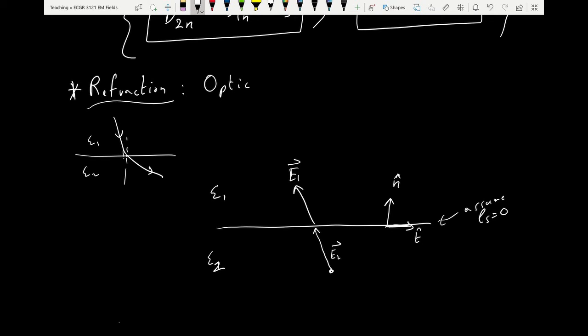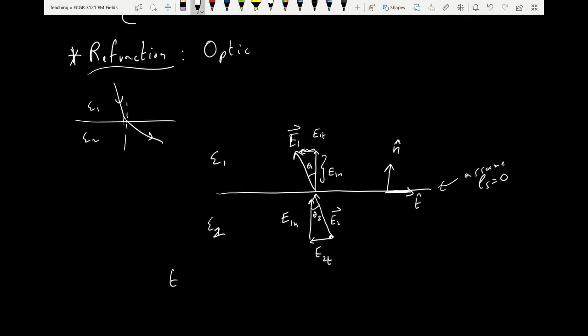I can decompose this into a normal component, E1n, and a tangential component, E1t. Again, I can decompose E2 into a tangential component, E2t, and a normal component, E2n. Now I want to define angles. I want this to be theta 1 and this to be theta 2.